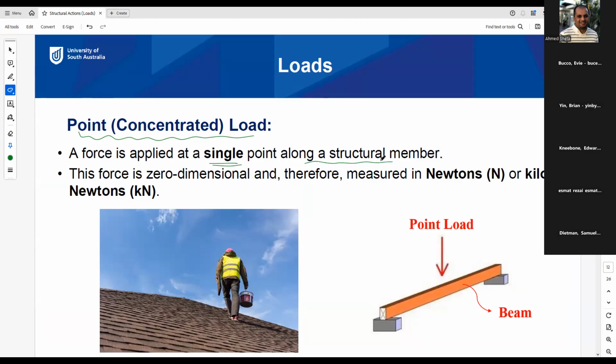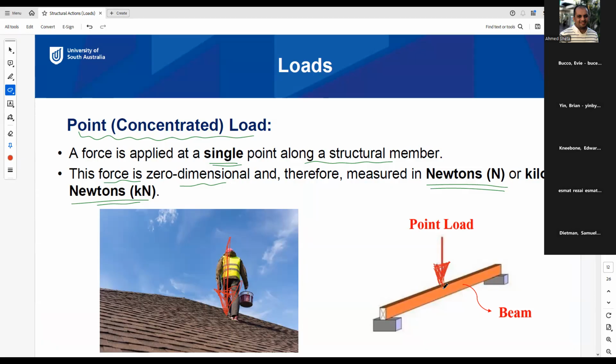So it is only applied at a single point. This force is zero dimension, meaning it is only at one point, and therefore measured in Newton or kilonewton. Similar to this tradie here, we have the load here. Or for example, if we have a beam like this, we have one applied load somewhere on this beam.